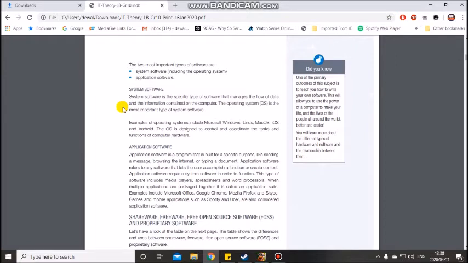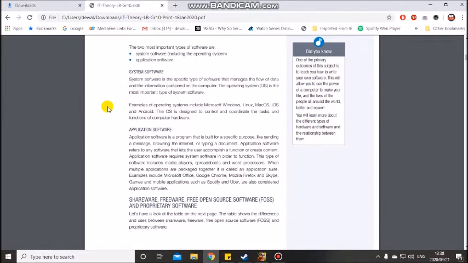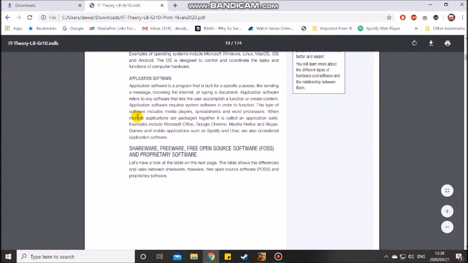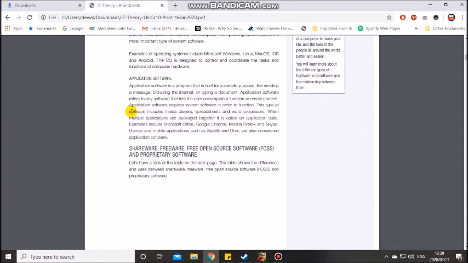The operating system is the most important type of system software. Examples of system software or operating systems are Microsoft Windows, Linux, Mac OS, iOS, Android, etc. The operating system is designed to control and coordinate the tasks and functions of the computer hardware.